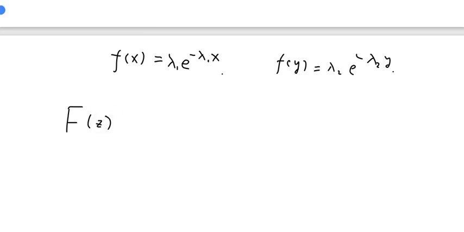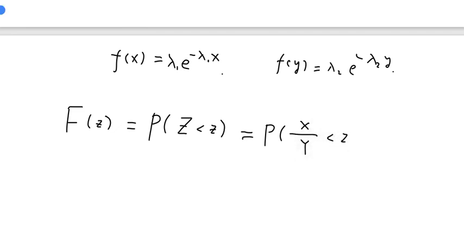So for small z, the cumulative function is the probability that Z is less than z. Here this Z is not standard normal; this Z is x over y. So this equals the probability that x over y is less than z, which equals the probability that X is less than z times y.